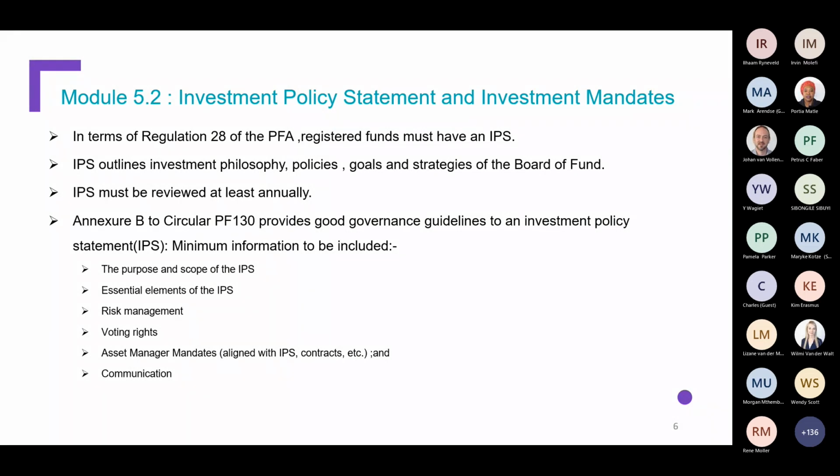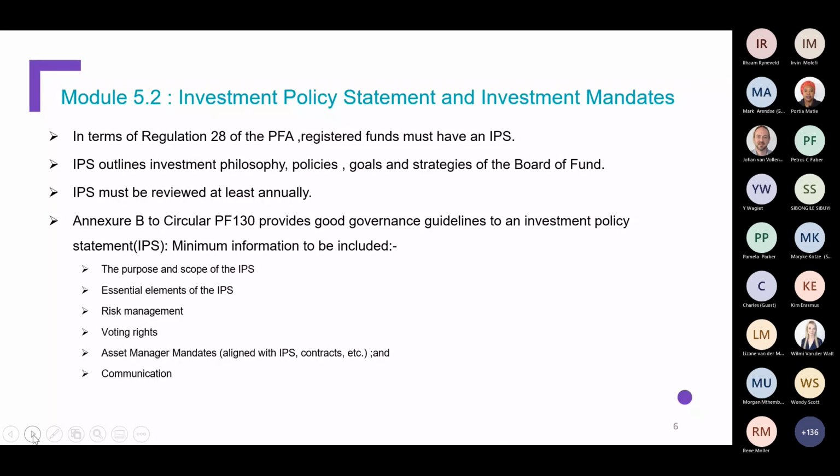It is the purpose and the scope of the IPS, the essential elements of the IPS, and the risk management, which includes the level of risk attributed to each asset class, and the voting rights. This can be voting rights attached to investments in equities.